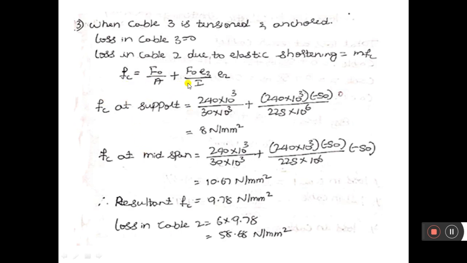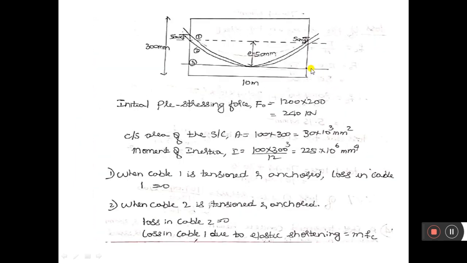The formula is same, E3 into E2. This changes because we are considering loss in cable 2 due to pulling of cable 3. So Fc is equal to F0, the prestressing force we have calculated in the first step. We have calculated the cross section area, F0 and this I, and E3, the eccentricity of cable 3 at the support, is 50 mm, that is minus 50 mm, and eccentricity of cable 2 at support is 0.